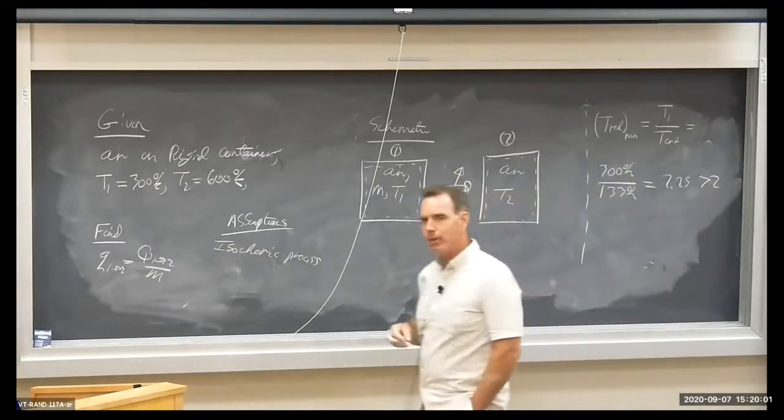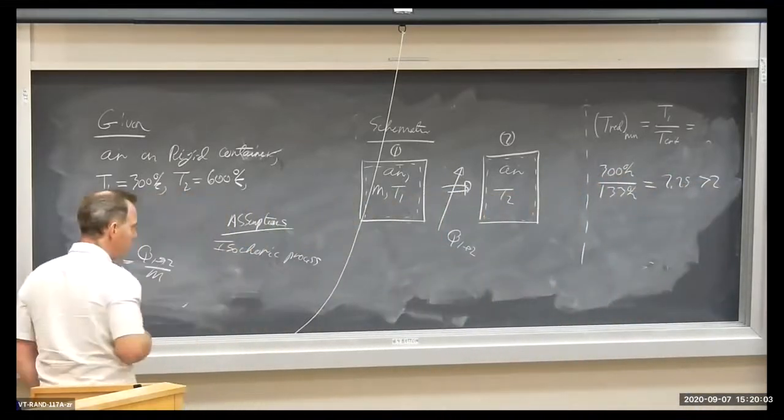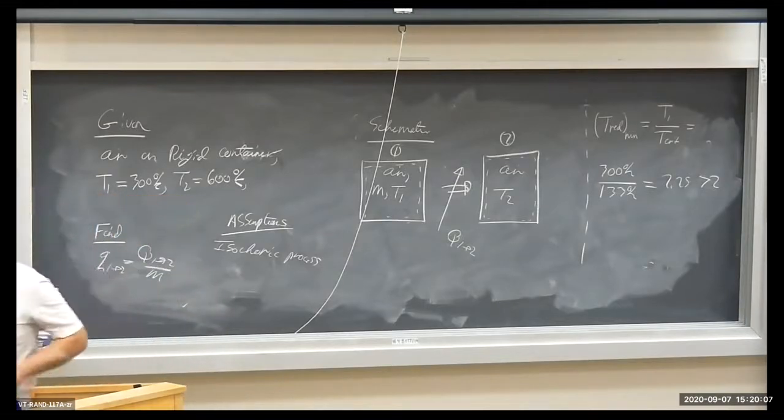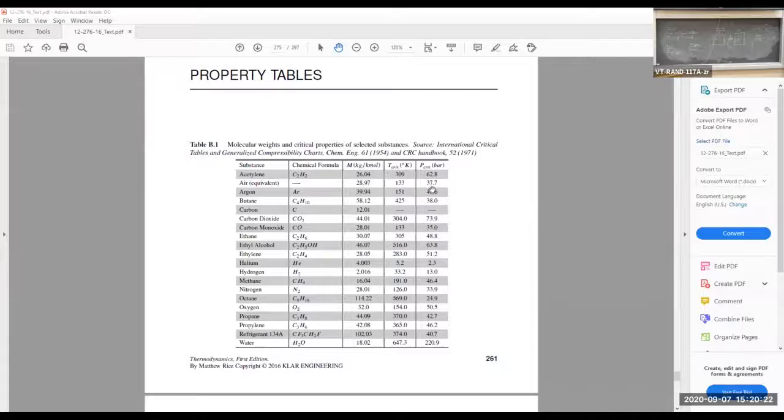I don't know anything about the pressure. Critical pressure is pretty darn high for air, 37.7 bar. So reduced pressure needs to be about 0.2 or less.